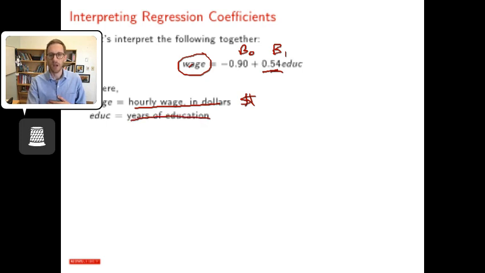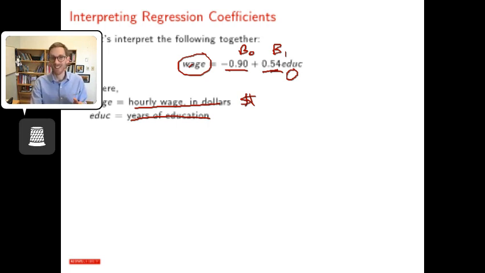So it seems a little nonsensical, right? And we're going to talk about it in the next slide as we interpret it. But if the years of education are 0, then the hourly wage is negative 0.9, which doesn't make sense, right? You can't make a negative amount of money. But that's some of the weakness of simple linear regression, in the sense that the line is going to go in a straight line and needs to anchor somewhere.